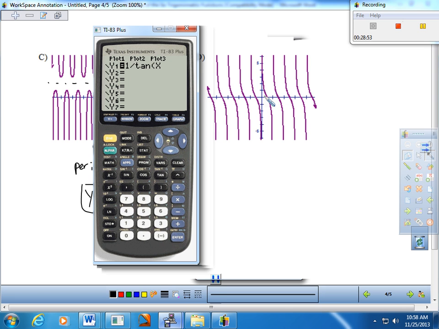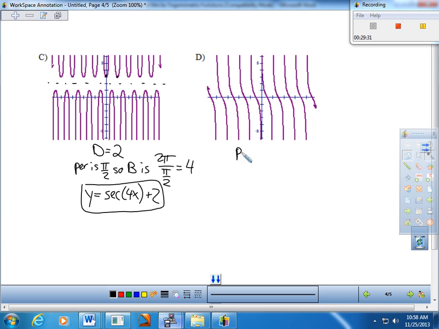And so I think what we're going to end up doing here is just change the period, and so as a result, change the B value. Let's see. So it looks like, in this case, period is pi over 2. So the B value, remember in this case, is pi divided by the period.